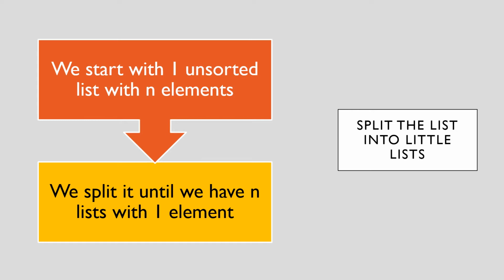And if you think about it, a list of one element is always a sorted list. It can't be out of order, can it? So we've ended up with lots and lots of tiny little sorted lists, and then we can merge them all back together again to end up with one big sorted list.